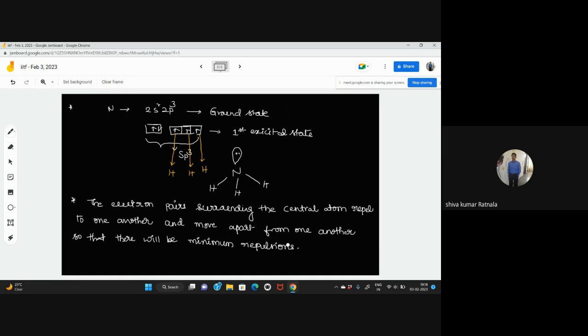Sir, they repel each other so that there will be minimum repulsion, sir. Yes, that's why they are moving apart from each other, which means the repulsions will be less.